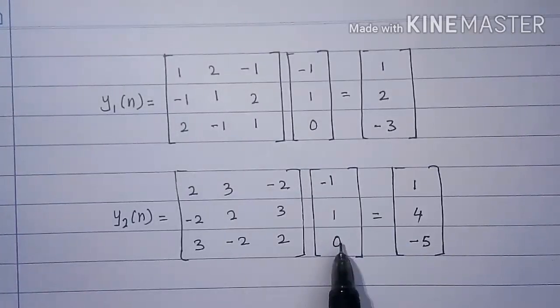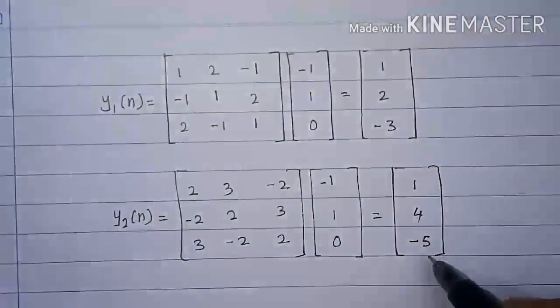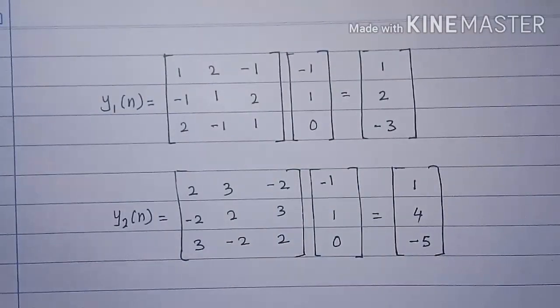If you multiply these two matrices, you will get 1, 4 and minus 5.